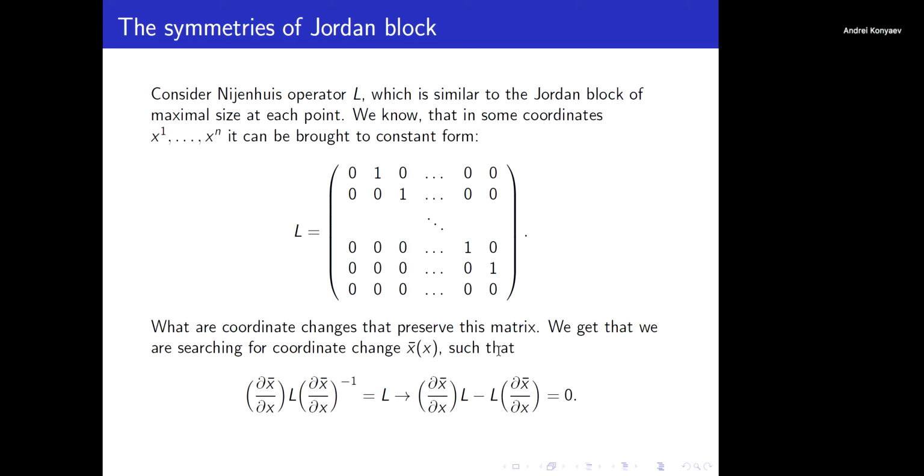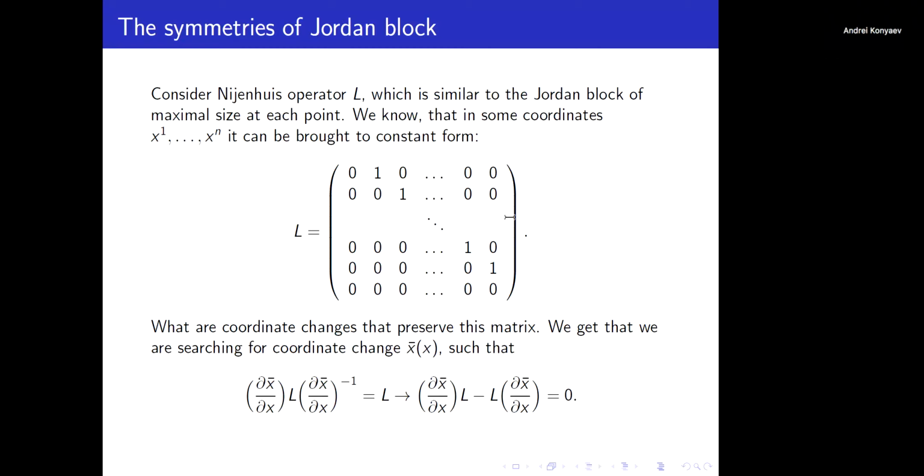So what we want to know here is the coordinate changes that preserve this, because there, what were the symmetries? You take a coordinate change and you simply calculate that if each coordinate depends on its own coordinate, then the normal form of the Nijenhuis operator is preserved.